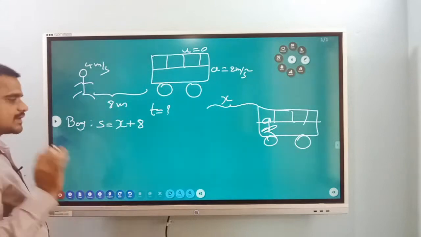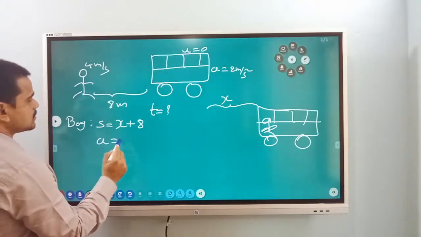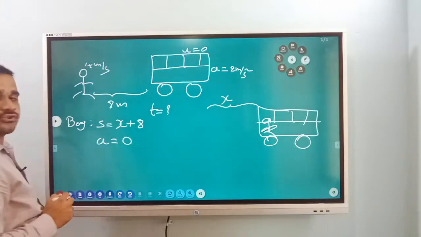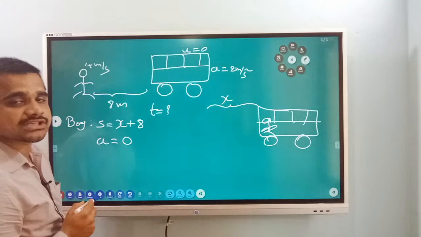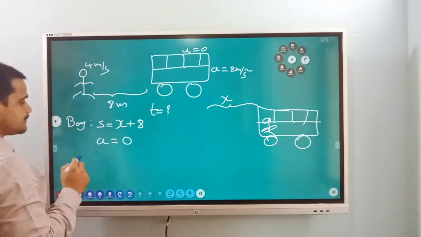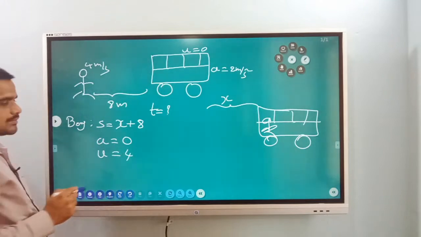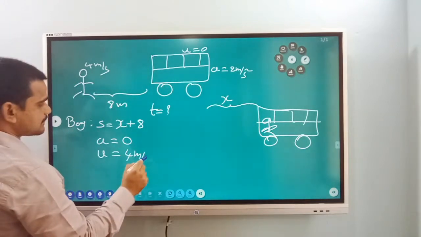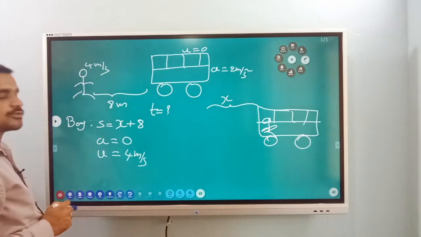And what is the acceleration of the boy? Acceleration is 0. Why? Because he was moving at constant speed. When the boy is moving at constant speed, acceleration is 0. So initial velocity how much? 4 meter per second.